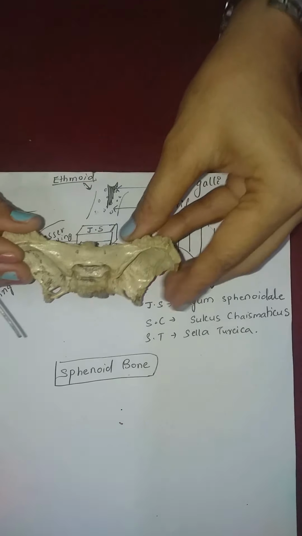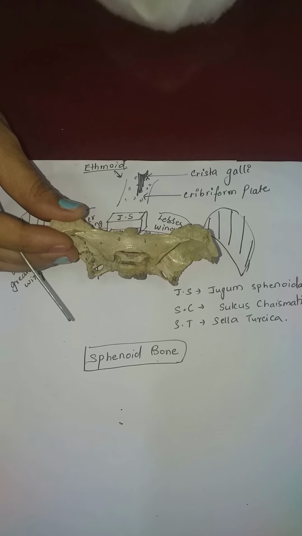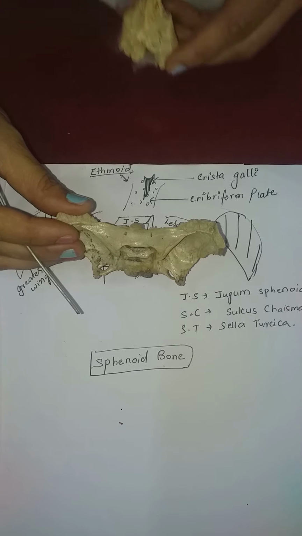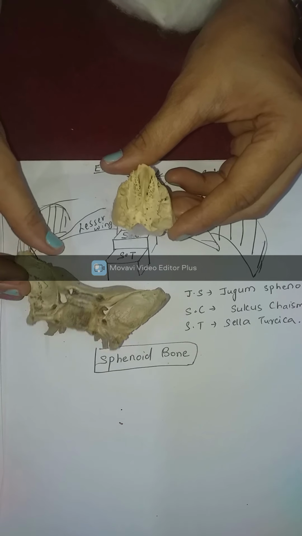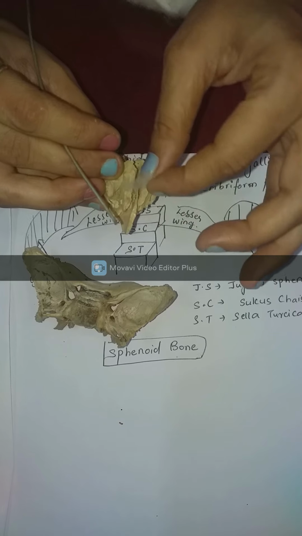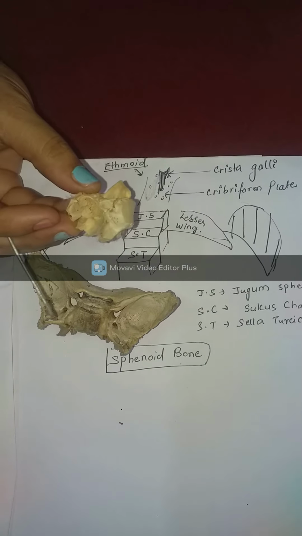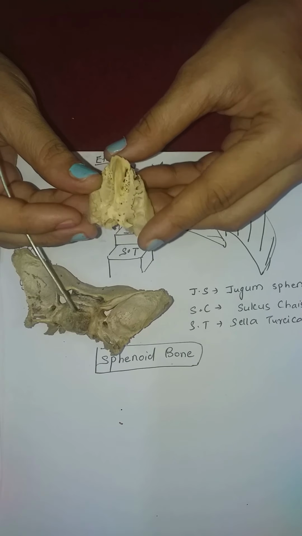Okay, now I want to remind you that in the last video we had seen the ethmoid bone. Quick recall of the ethmoid bone. See, I have kept it in the cotton. You know, we save it like special delicate jewels.